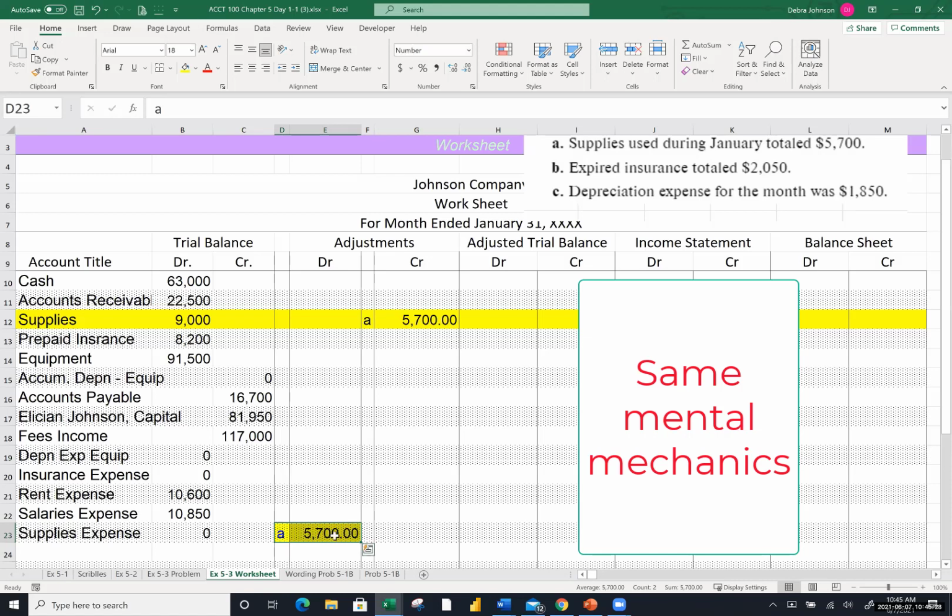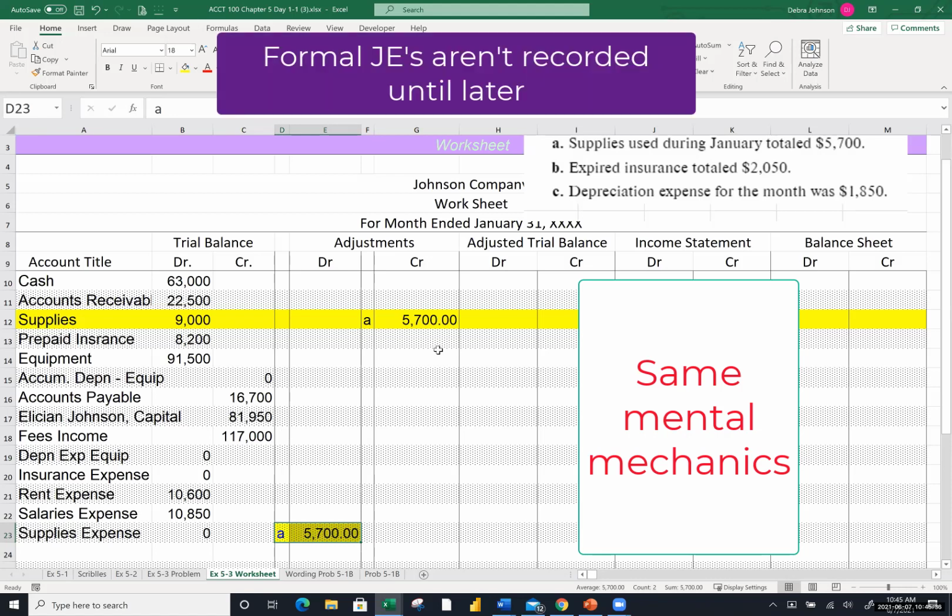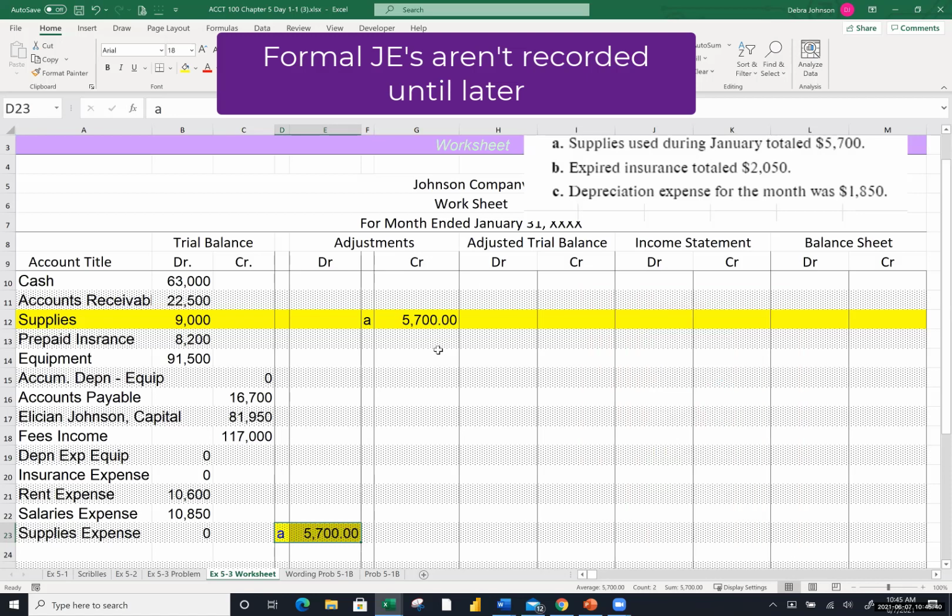So we debited supplies expense and we credited supplies. We're not doing the formal journal entry yet. So right now our goal is to complete this worksheet to the best of our ability, knowing that it's an internal tool that's useful for gathering together all the data and presenting an owner an overview of what's happened. So any questions on letter A?